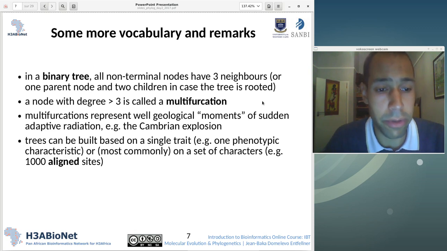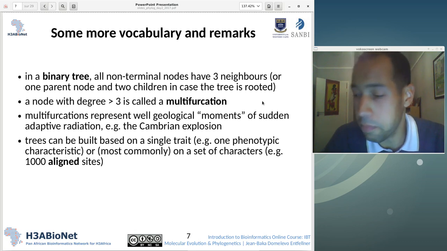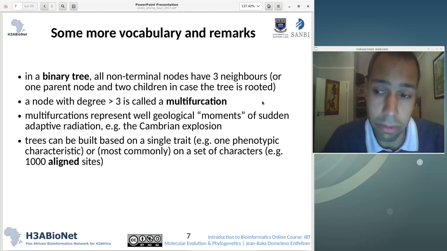Trees can be built based on a single trait. For instance, one phenotypic characteristic. If we build a tree based on, I don't know, the average length of the upper limbs, it's information on which we can build a tree, but we won't have lots of signal in such a tree.